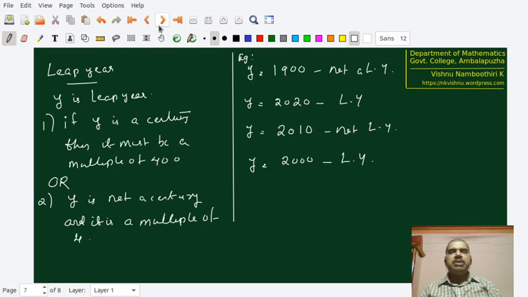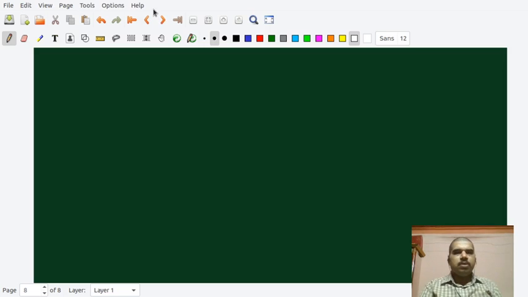Our next problem is related to counting of leap years within a particular range. Our question is precisely the following.